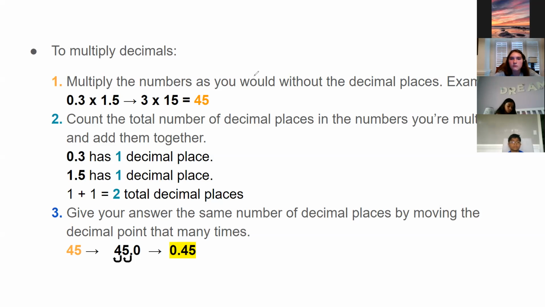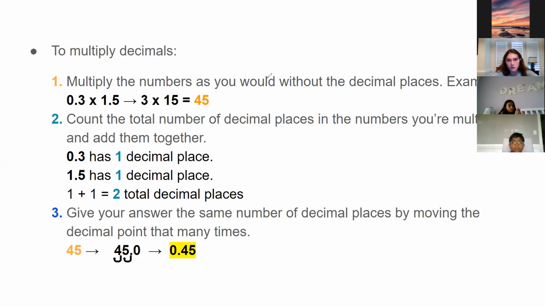So we first have to multiply, the decimal points have to be the same. They have to be aligned, right? Then you have to multiply them. Yeah, you are close.